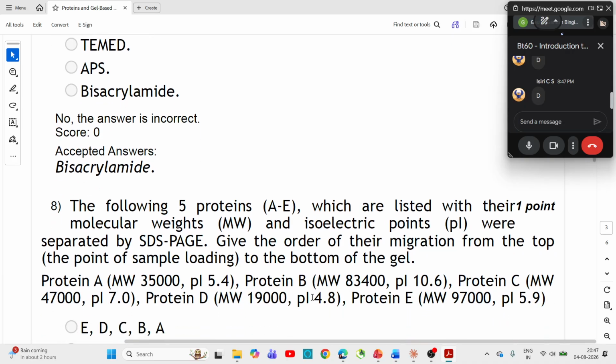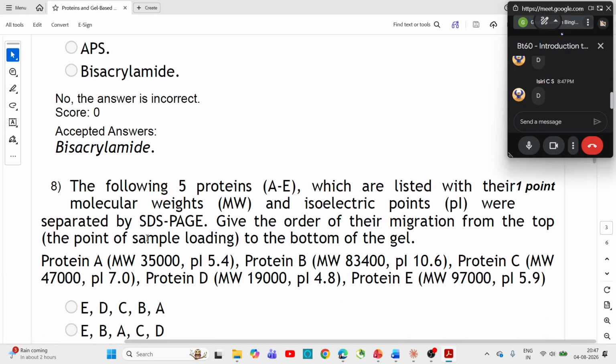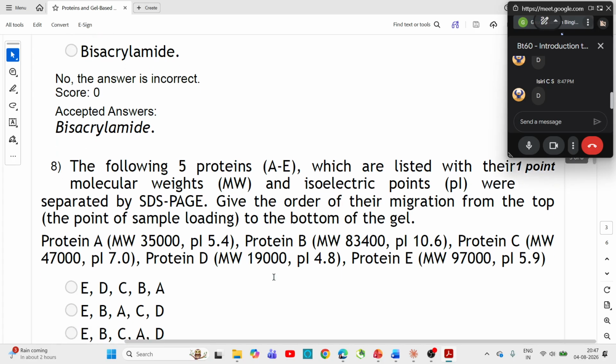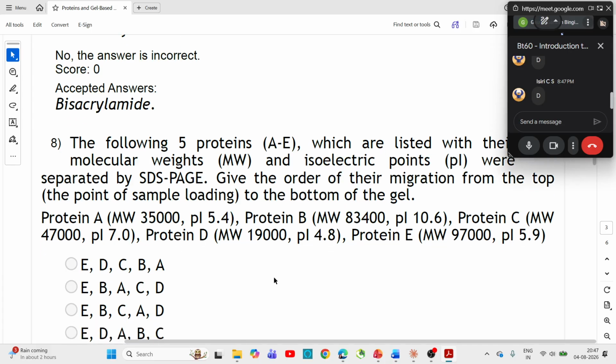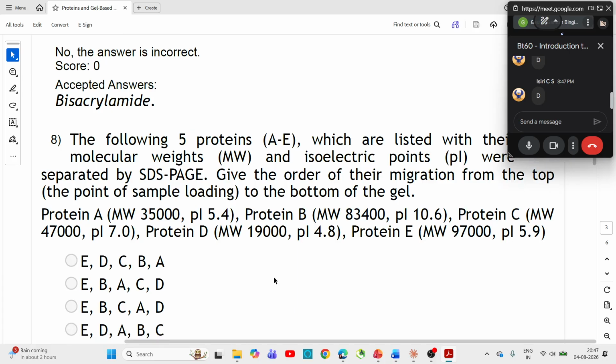So there are five proteins, A, B, C, D, E, with different molecular weights and different pI. Give the order of their migration from top to bottom of the gel. From top to bottom, higher molecular weight proteins will run slower, and at the bottom there will be lower molecular weight ones.